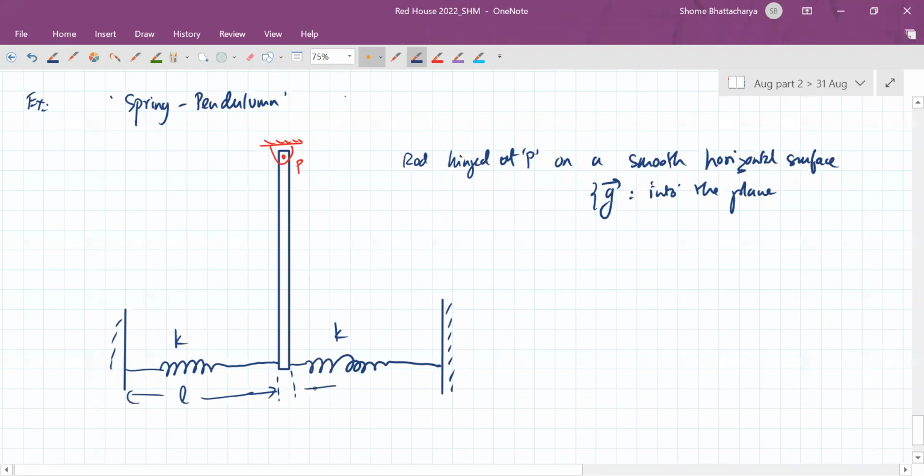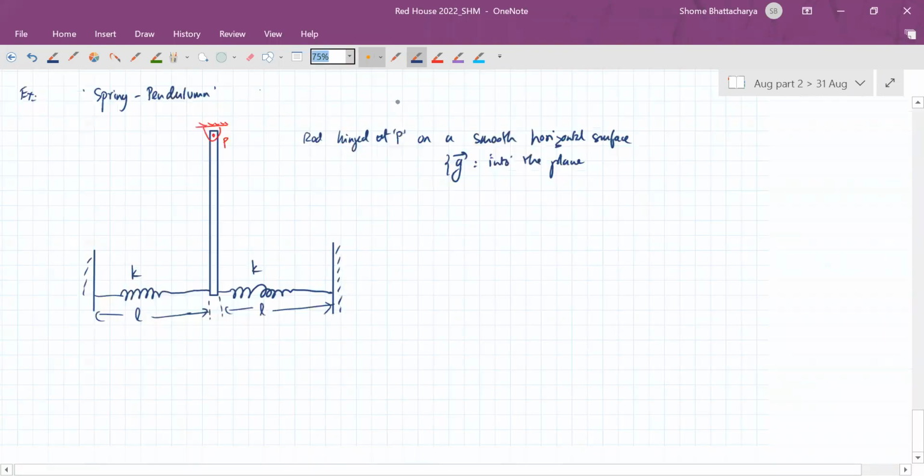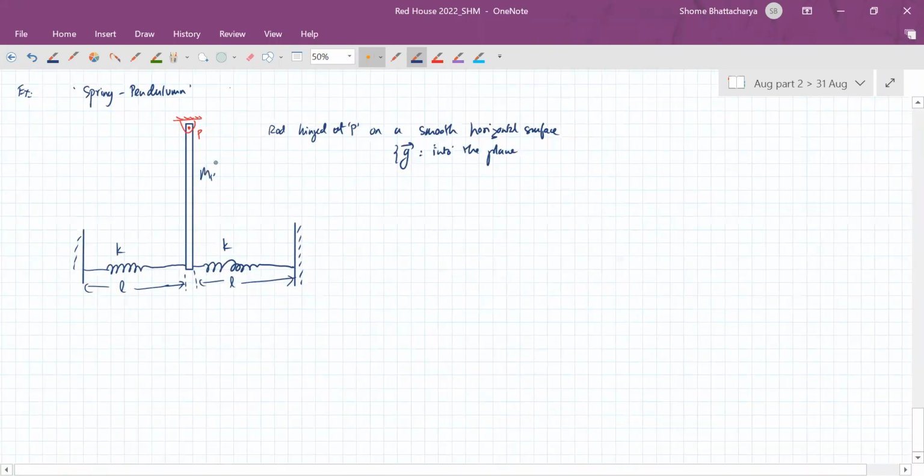Again, we have to show that if we give the rod a small angular displacement, it will perform angular harmonic motion, and we have to find the time period. So the rod's mass is m and length is L. Okay.